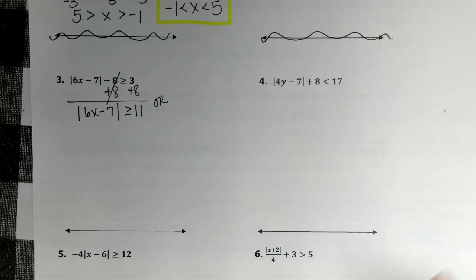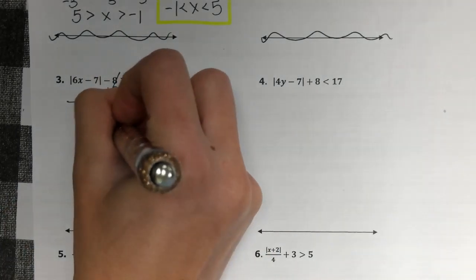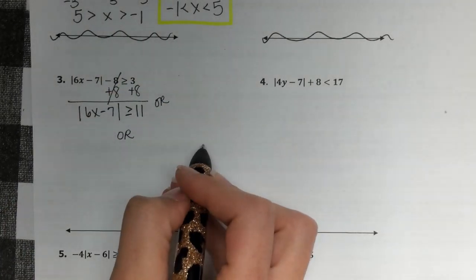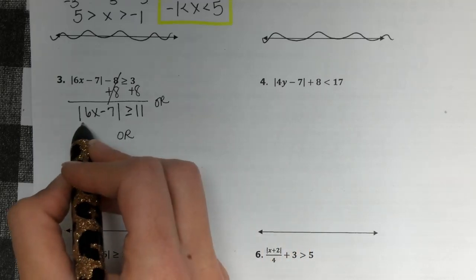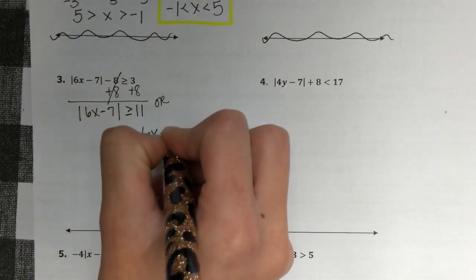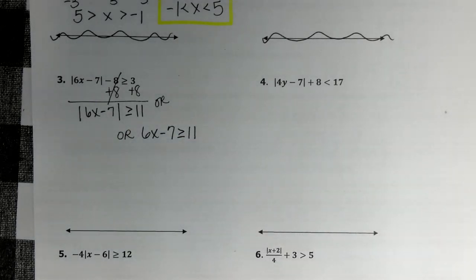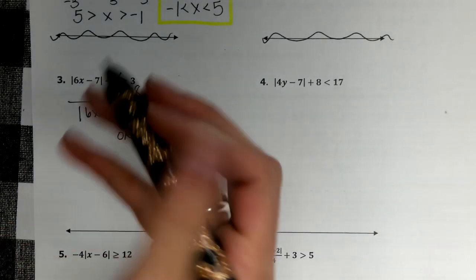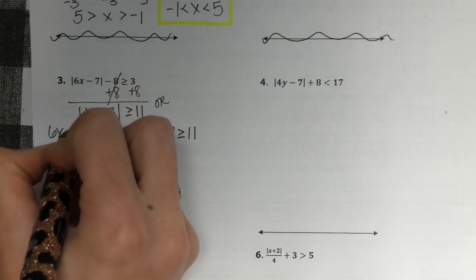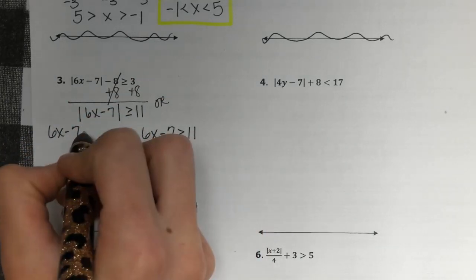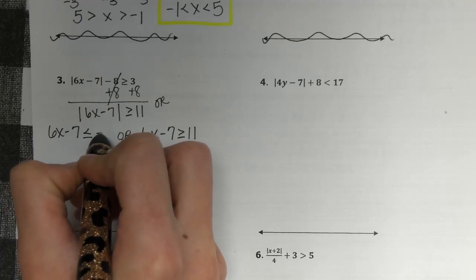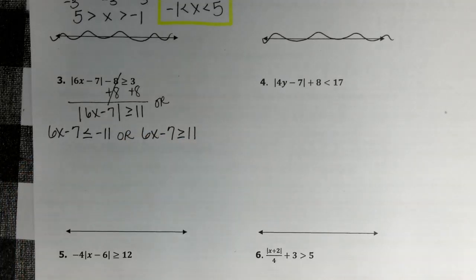So that means I should have a left inequality and a right inequality. This 6x minus 7 is greater than or equal to 11. That positive is always going to be on the right. The left is going to be 6x minus 7. Flip your inequality symbol: is less than or equal to the negative 11.